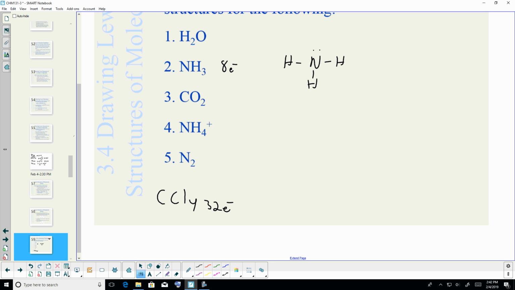So here's our carbon. Single bonds. Now we give all the outside ones 8, right? How many have I used?